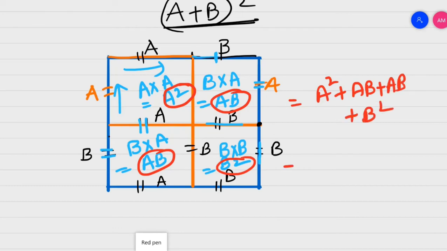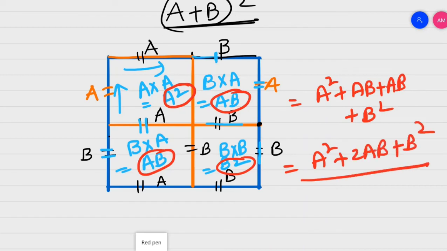That means A square plus 2AB plus B square. So geometrically also you can prove (A plus B) whole square is equal to A square plus 2AB plus B square. Children, this is your first identity, and we shall be solving our worksheet 1 using this particular identity.